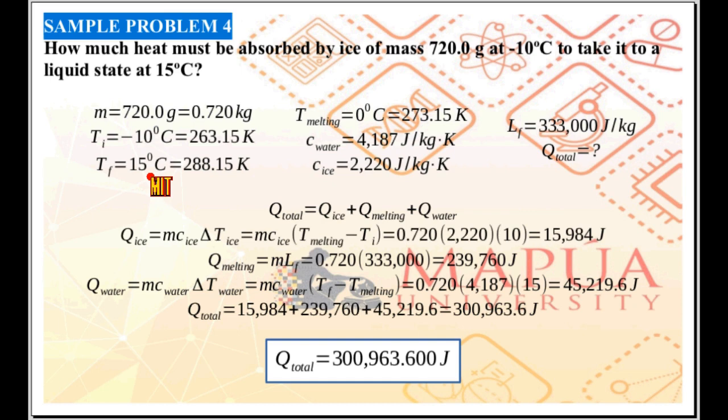Lastly, we have Q water, heat associated with the temperature change of the water from 0 degrees Celsius to the final temperature of 15 degrees Celsius. Q water is equal to mc delta T, so mc water delta T water. Mass of the melted ice, mass of the water, since it just came from the ice, mass of the water is also mass of the ice.